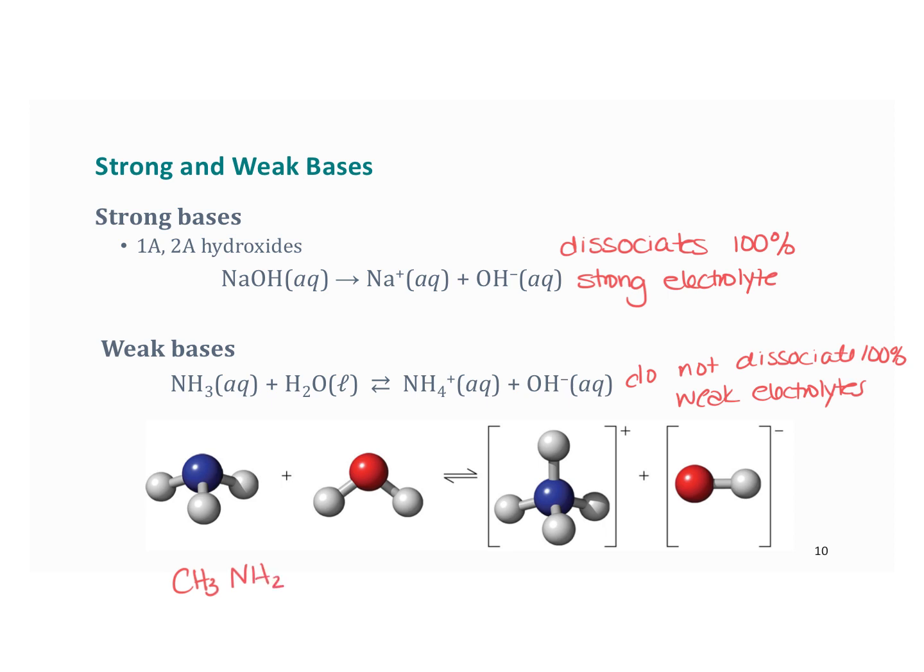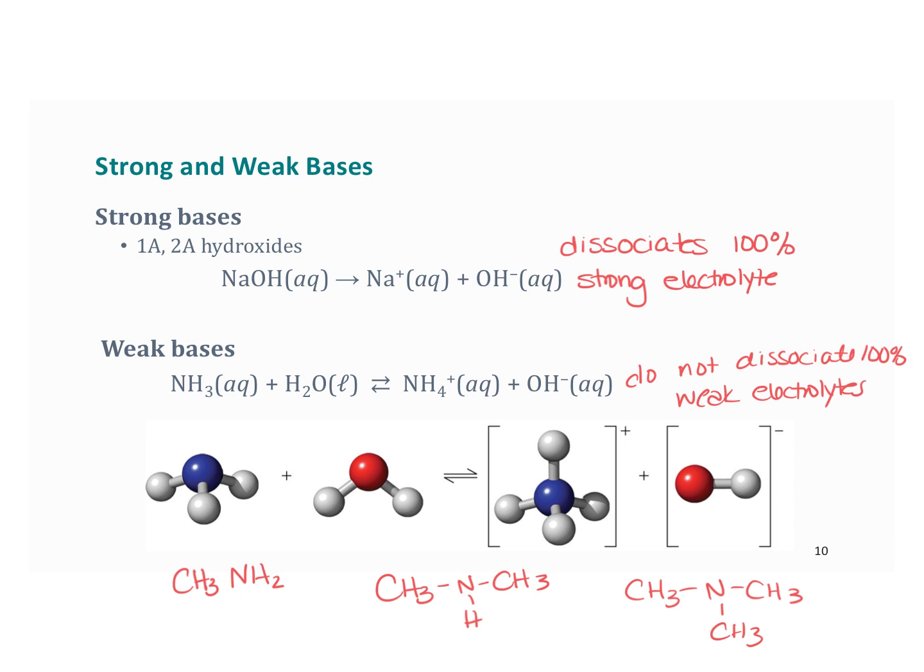If we have CH3NCH3H, that's going to be a weak base. If we've got CH3NCH3CH3, that would be a weak base. So nitrogen is going to be your context clue there that we're going to have some weak bases.